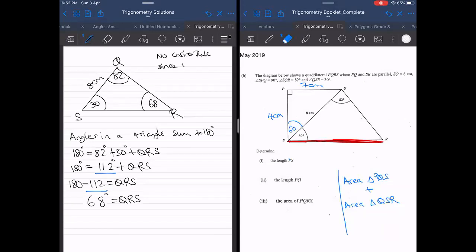So no cosine rule. More important than that, you want to know why you're not using it: for the cosine rule, you have to know two of the sides. That therefore leads us to having to use the sine rule.